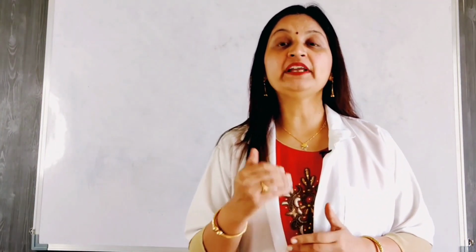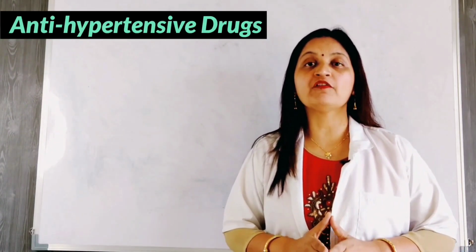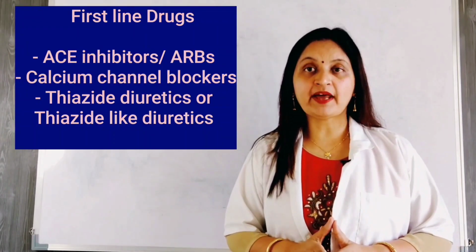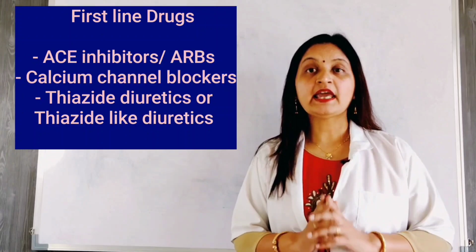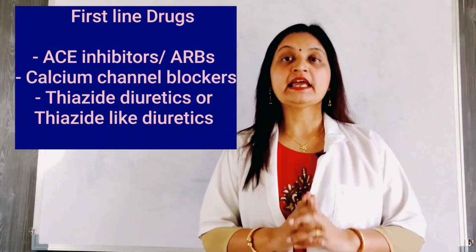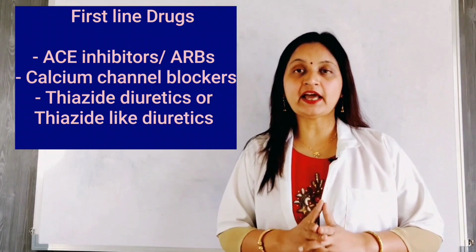So now that we have learned about the blood pressure treatment threshold and the blood pressure treatment targets, let's see what are the antihypertensive drugs that can be used for the management of hypertension. So the first line drugs in the management of hypertension are ACE inhibitor or angiotensin receptor blocker, calcium channel blocker, or diuretic, that is thiazide diuretics or thiazide-like diuretics.